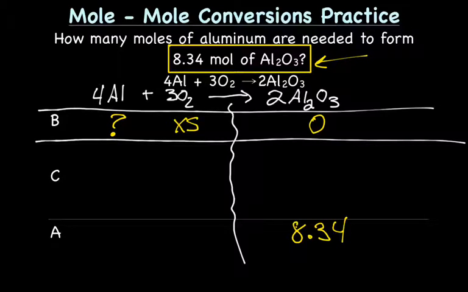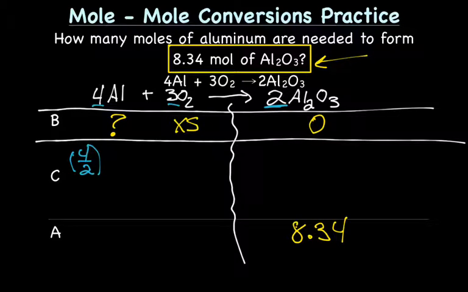So next is our change row. And remember that first thing we need to do is make our mole ratio. It's going to be the ratio of each of these coefficients over our known, which this time is Al2O3. So for aluminum, we're going to have a ratio of 4/2.